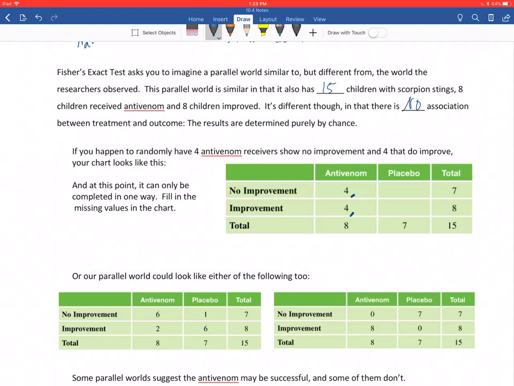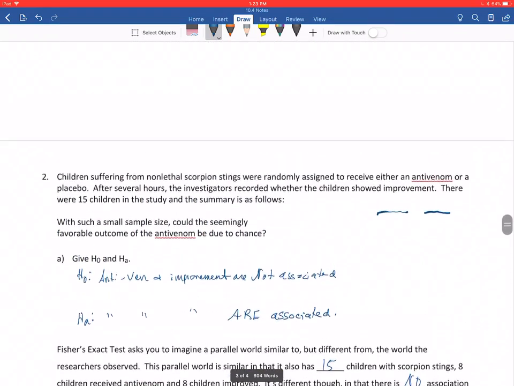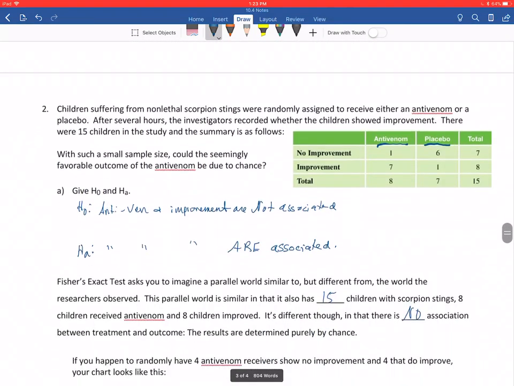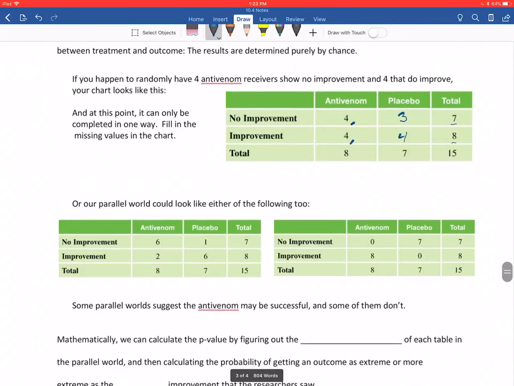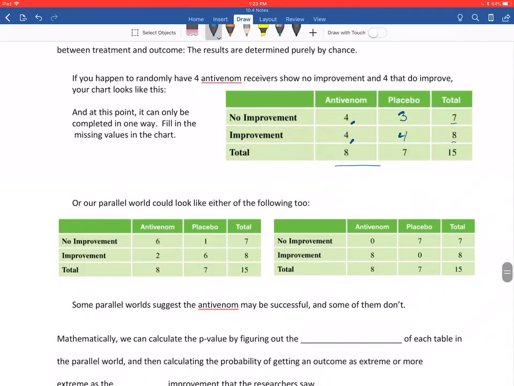At this point, there's only one way you can fill it in to make the numbers work. If this is still 7 over here, then this would have to be a 3, and then this number would have to be a 4. These are not the same results that we just had. Even though all of the totals were the same, the inner numbers were rearranged.